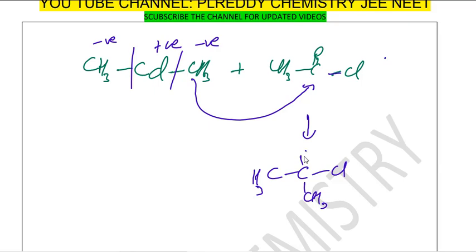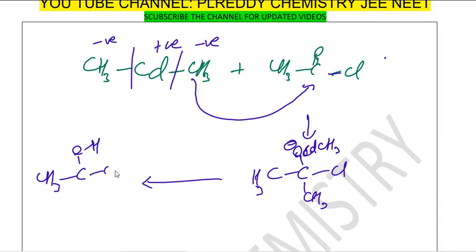Then here oxygen minus, then CdCH3. Further hydrolysis is giving CH3COH. Then chlorine is there. Whenever this sigma bond is coming back, here halogen is good leaving group.